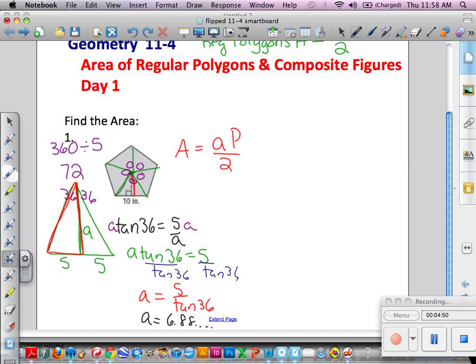And so I'm going to use this formula that I just came up with, area equals apothem times perimeter divided by 2. If you want, you can find the area of one triangle, and then multiply it by 5. That's the same process. So I'm going to go my area. Please keep that calculator. I have 6.88 on my calculator and more numbers behind that.